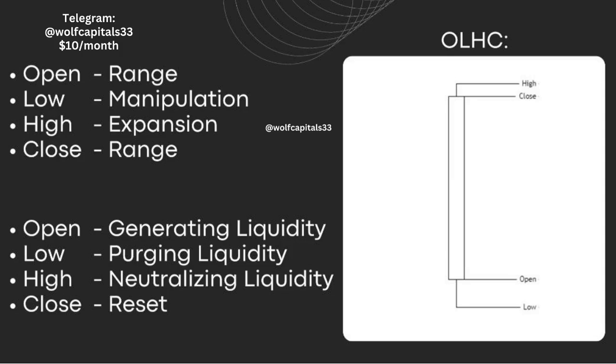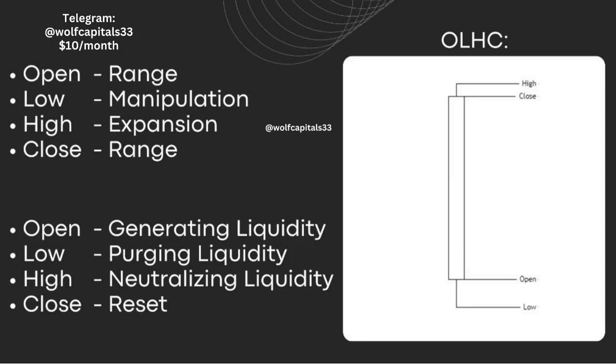Every single financial market. So whenever a candle opens, it always starts off with generating liquidity or accumulating liquidity, and that's always the first thing price does, right? That's why every time you see a candle open, or the market opens on Monday or any other single candle opens, more often than not you're going to see that it forms a range there, and it immediately goes into a ranging profile, right?